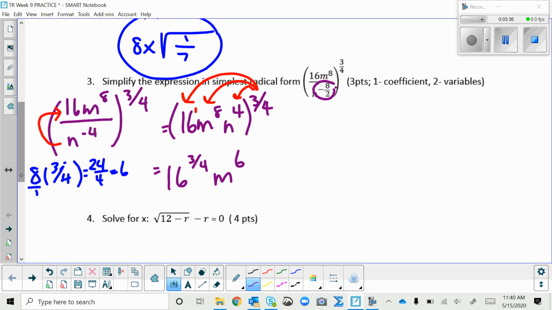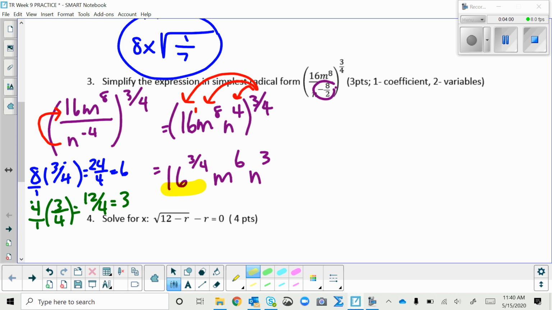And then n to the 4th is to the 3/4, so it's the power of 4, which is over 1, times the 3/4, which is 12 over 4, which is 3. So it's n cubed. And we can't stop right here because this part can be simplified even more.